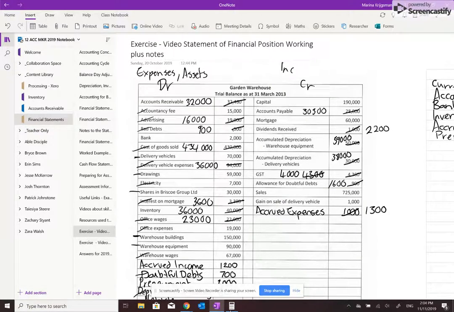And so our expenses and our income go in the income statement, but our assets and liabilities go in our statement of financial position. And of course, we've got equity or capital on this side for our equity, and we've got drawings on this side for our equity, and we'll deal with those in a minute. So they're our equity stuff. We'll deal with those when we get to the end of the statement of financial position.